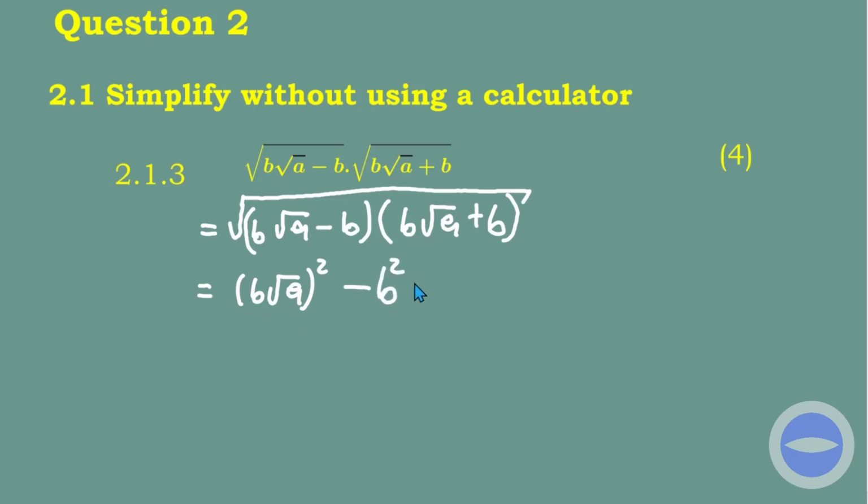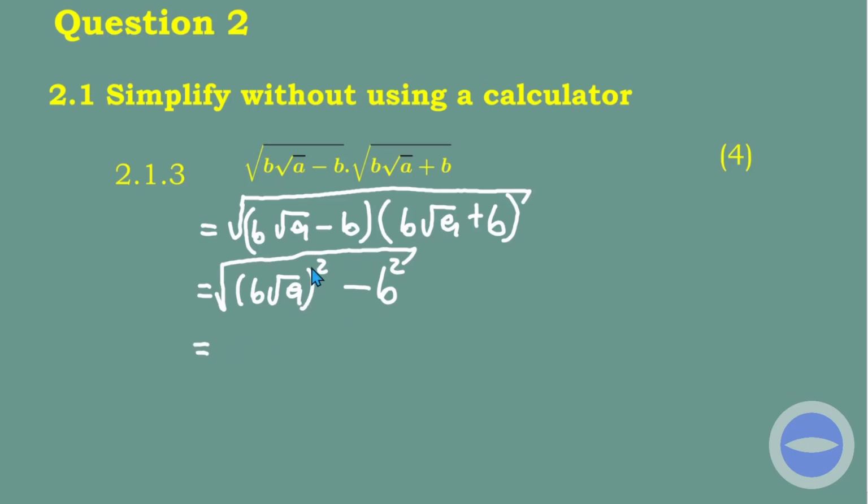So this is what we call the difference between two squares. When you factorize this, you will end up with this one. But when you expand this, then we will end up with this one. So then here is a square root. I nearly forgot the square root.